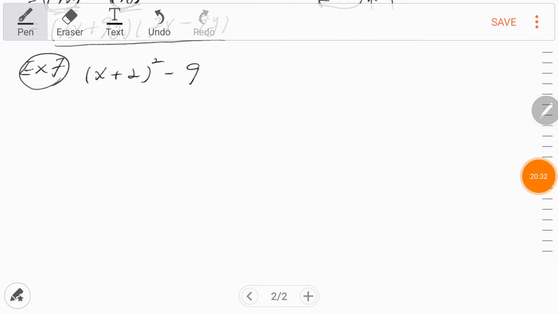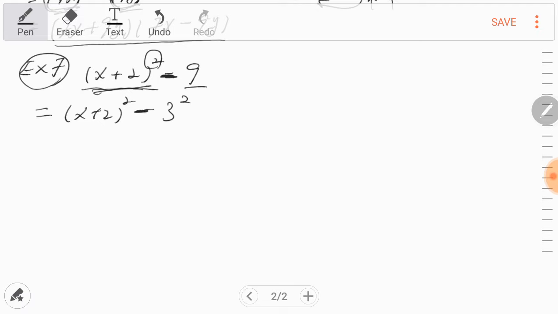Okay, this example, this is a binomial, minus, and then something squared and 9. So if this is minus, then let's check whether this is a difference of squares. So the first term is a square, and the second term is 9. 9 is also 3 squared. So this satisfies the difference of two squares.